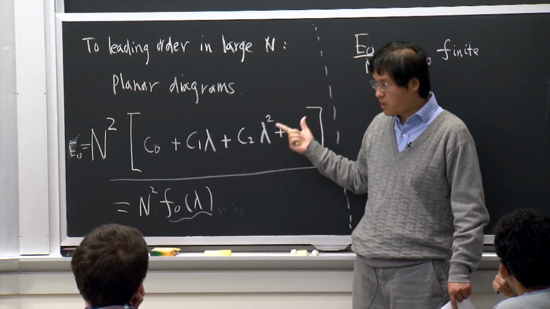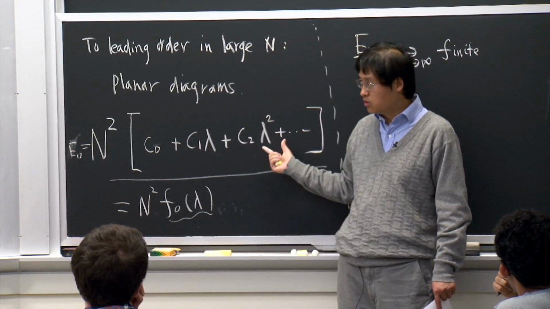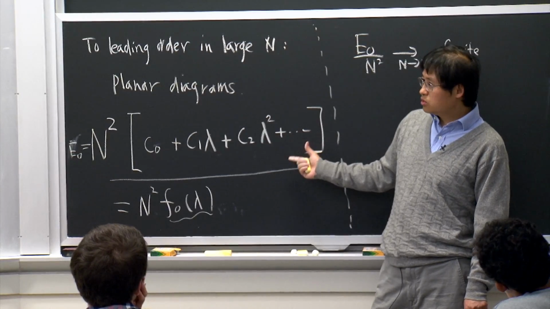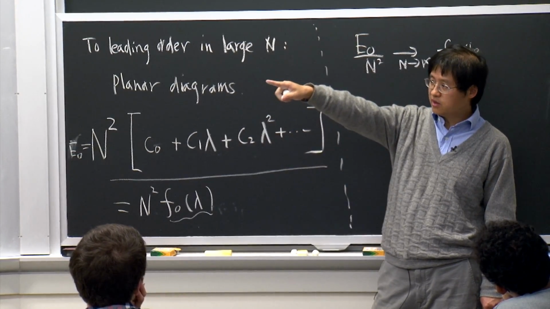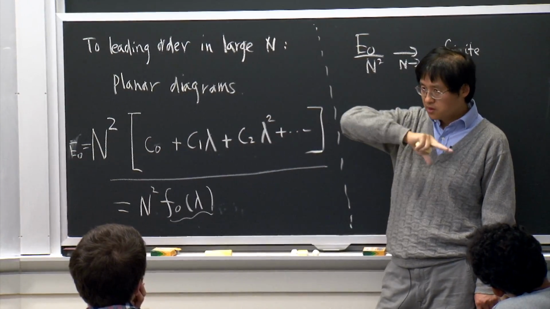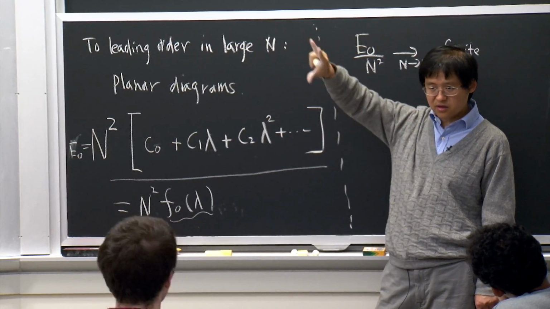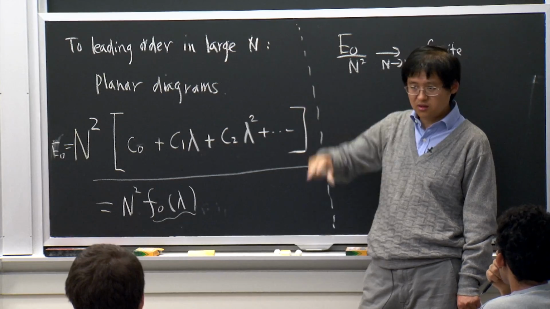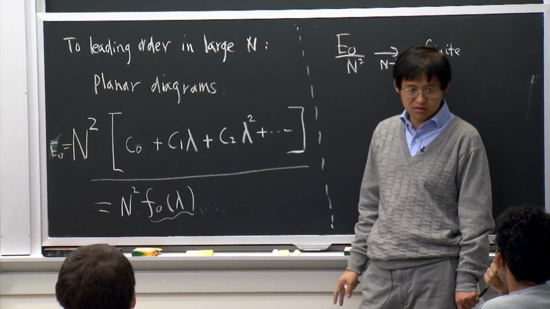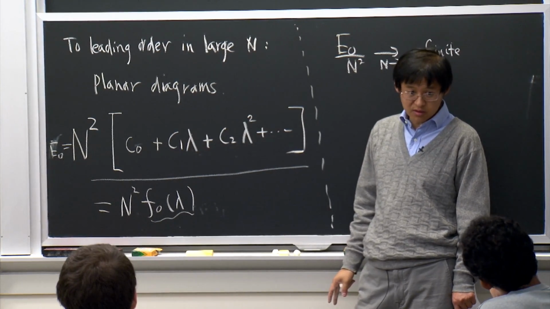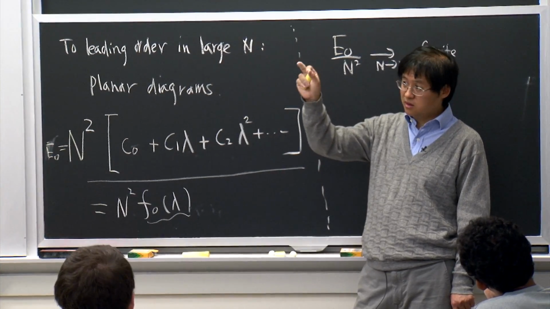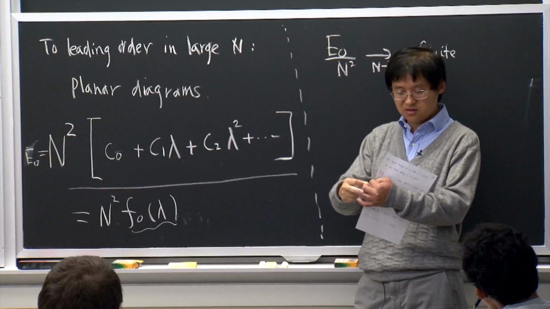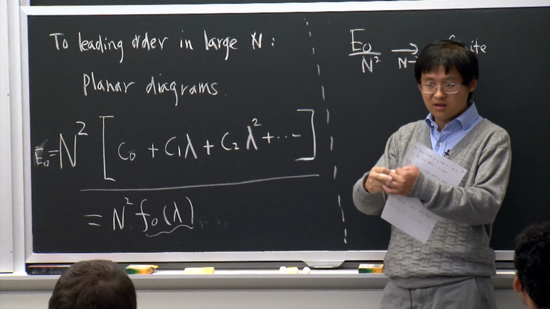This is a side remark, but let me mention it because it is a cool fact. Say if you do just lambda phi to the fourth theory, just the standard Feynman diagram calculation in perturbation theory, the series is divergent. No matter how small g is, the radius of convergence is 0 for any non-zero value of g.